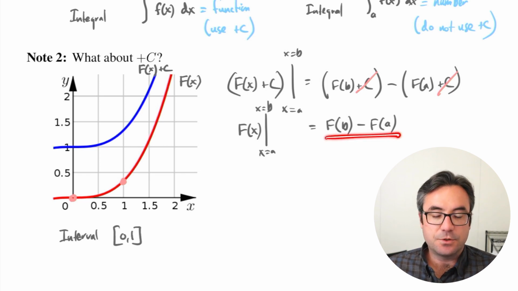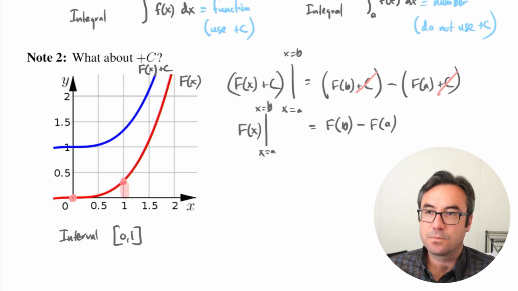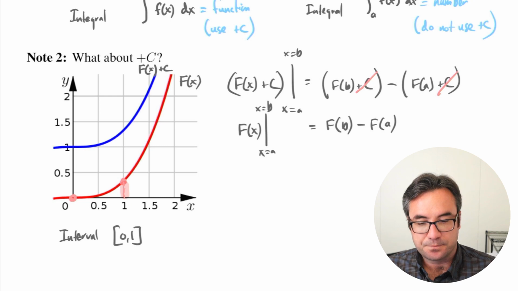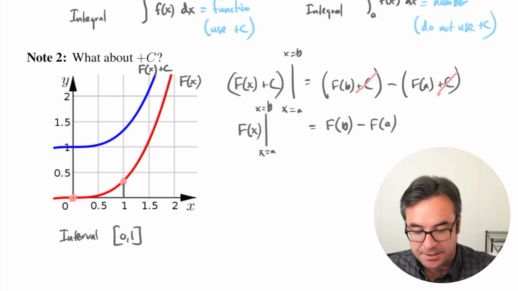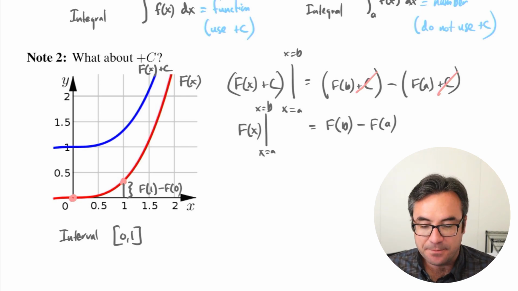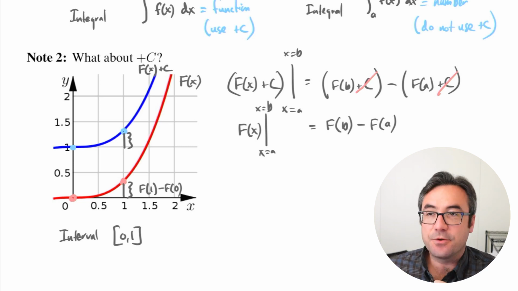Well, what this change in our antiderivative is measuring is it's just measuring this vertical height. Let's clear that up a little bit. So that we're just measuring this vertical height. And if we looked at the one with plus c, well, we'd be looking at this vertical height, and they're the same.